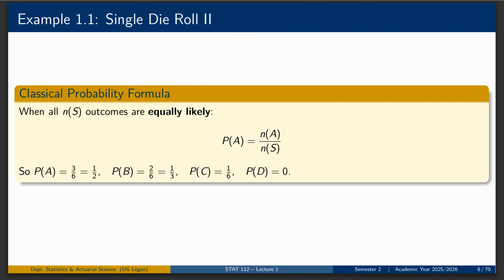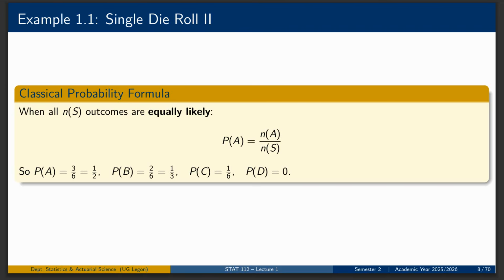So the focus of this is probability. I now introduce this. As I said in lecture 2, we will be taking an in-depth discussion of this. So for the classical probability formula, we assume that the outcomes are equally likely.